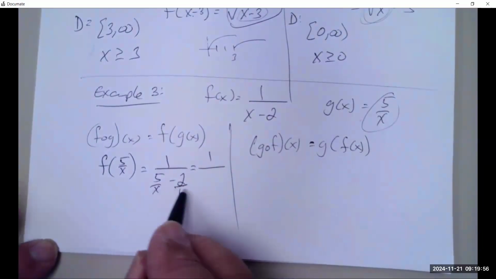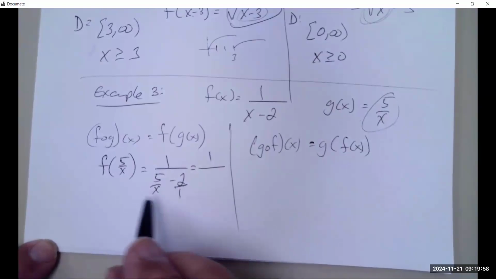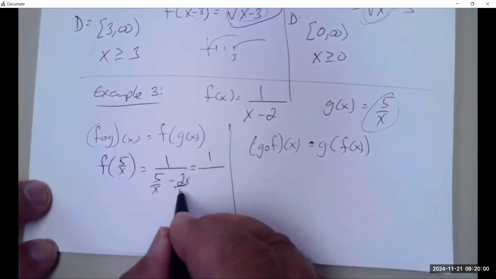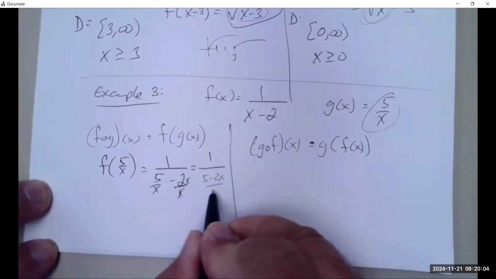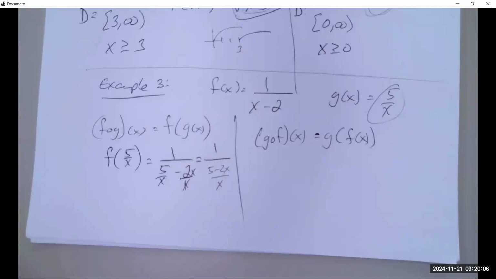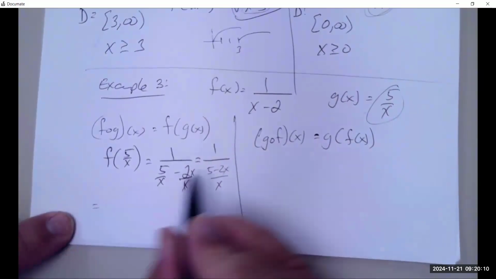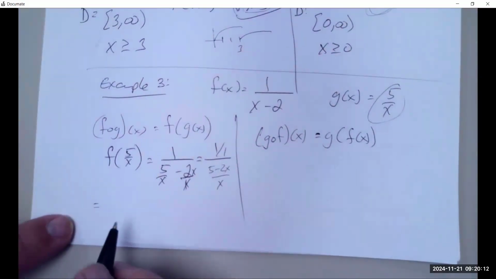I have to combine the two numbers on the bottom, adding fractions, so common denominator. So I get a 5 minus 2x over x. You have a fraction over a fraction.